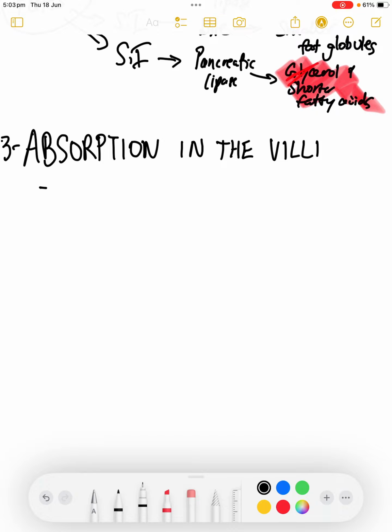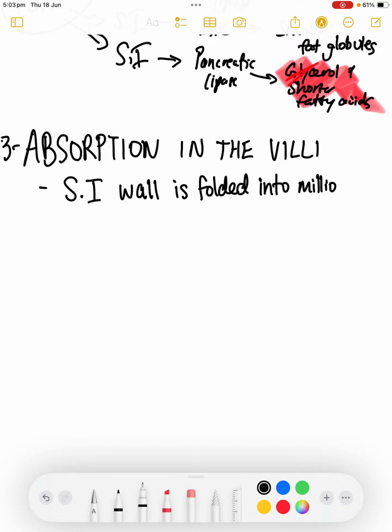So I'm just going to say the small intestine wall is folded into millions of villi, and that is covered in microvilli.